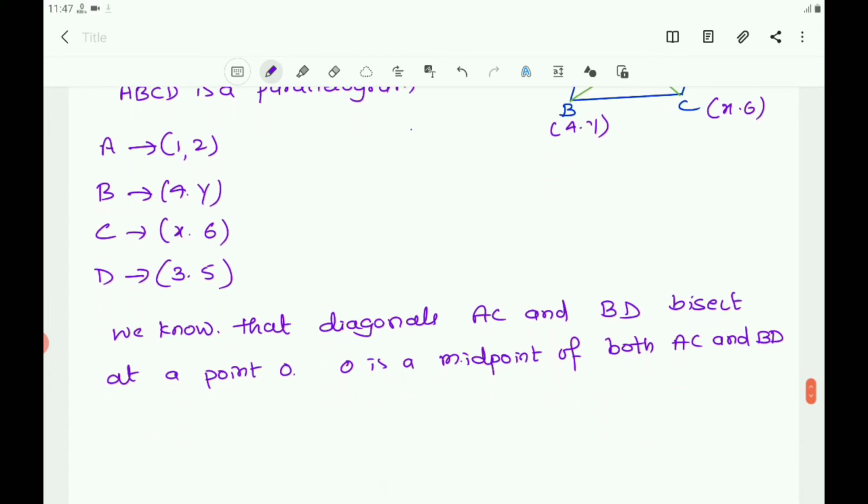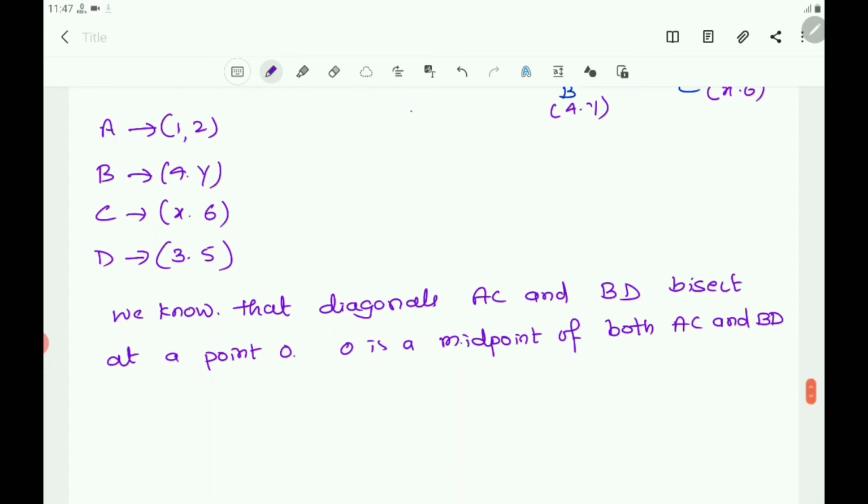Now here use the midpoint formula for O by taking the coordinates of A and C, and also by taking the coordinates of the points B and D. Now you take the midpoint of AC with A (1, 2) and C (x, 6).